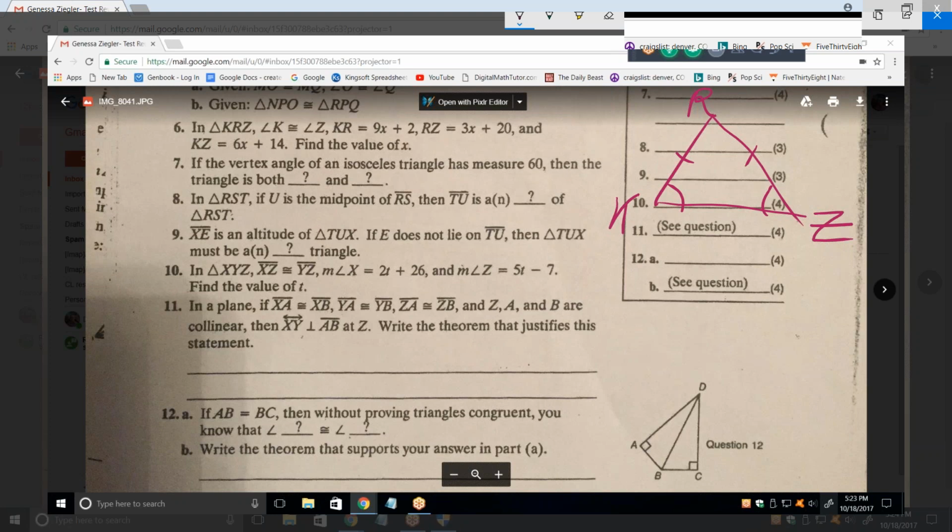Okay? And now it says KR is 9x plus 2 and RZ is 3x plus 20 and KZ is 6x plus 14. How can you solve for x? It's an isosceles triangle. What does that mean? Well, 9x plus 2 equals 3x plus 20. That'll let you solve for x.